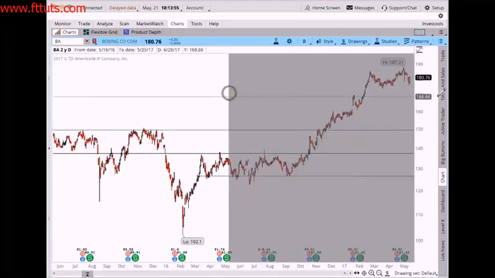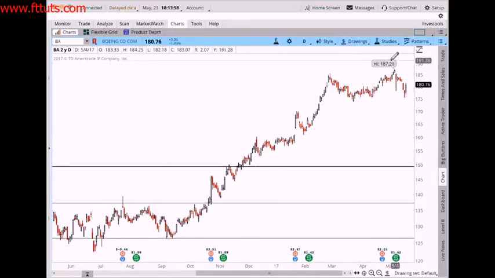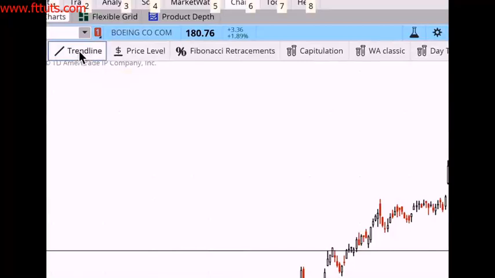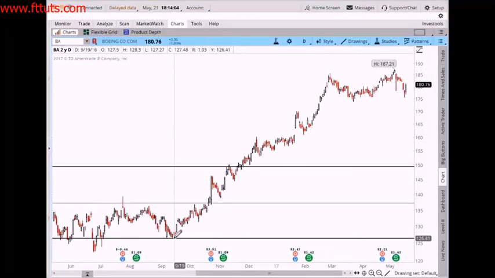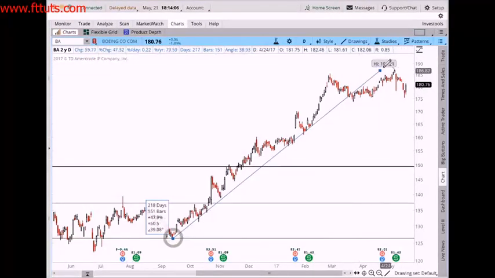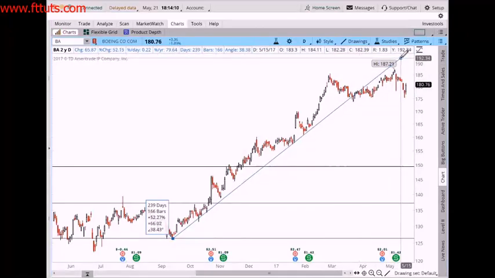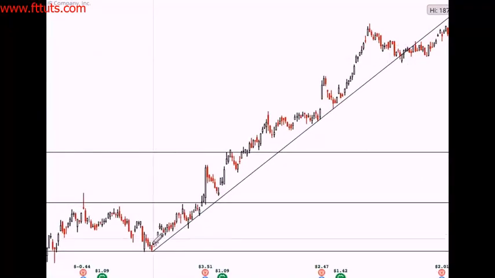Now let's zoom in. Here's an uptrend. So on an uptrend, could we draw a trending support? Again, can we connect three lines? Yes, we can. There we go, right? So 1, 2, 3, 4, 5, 6.